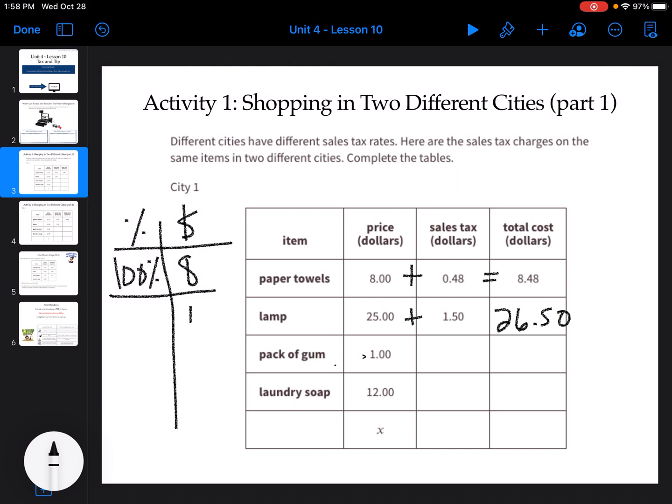I want to figure out what $1 is going to be. So I divide by 8, and I get that it is 12.5%.